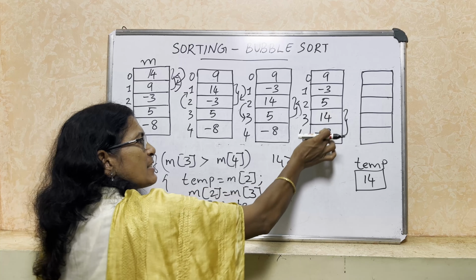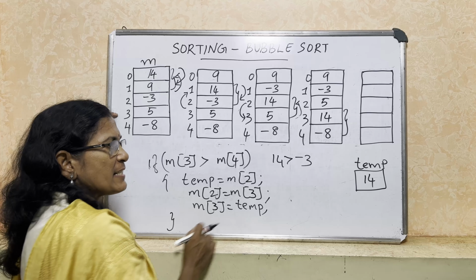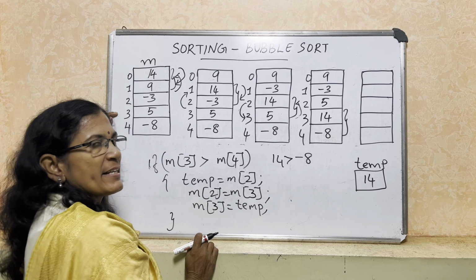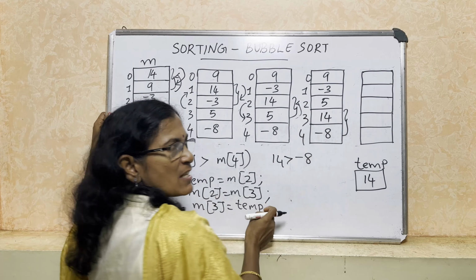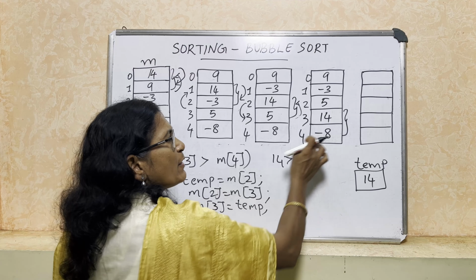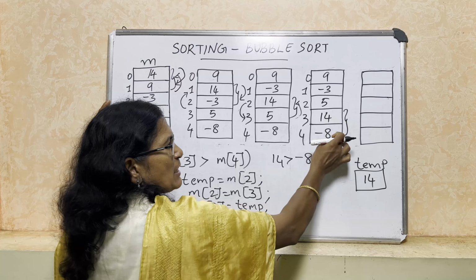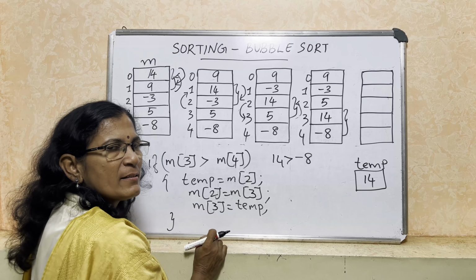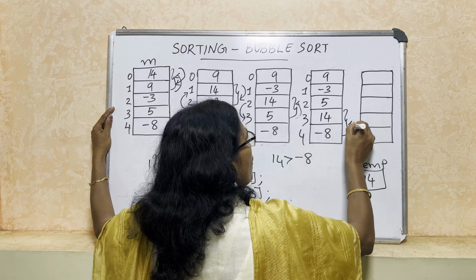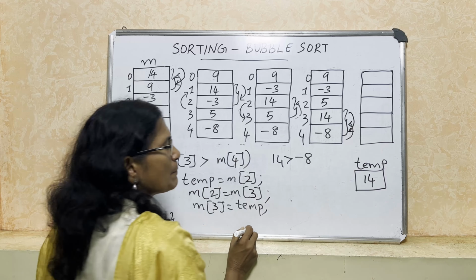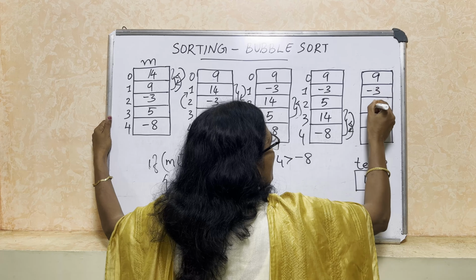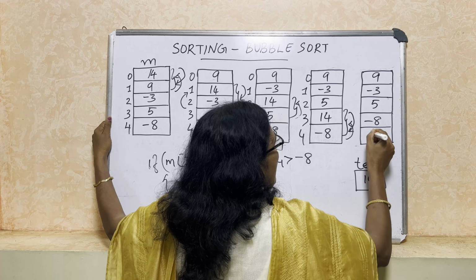As M of 3 is greater than M of 4, 14 is greater than minus 8, you have to interchange the values of index number 3 and 4. 14 should be shifted to the last cell and minus 8 should be shifted to index number 3. So after the swapping operation, how will the resultant array be? The resultant array will be 9, minus 3, 5, minus 8 and 14.